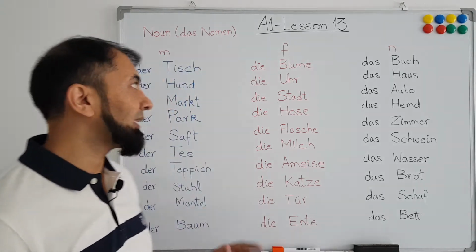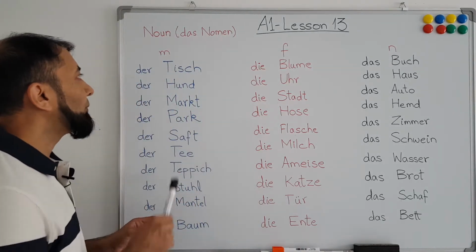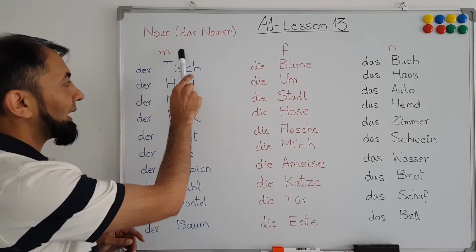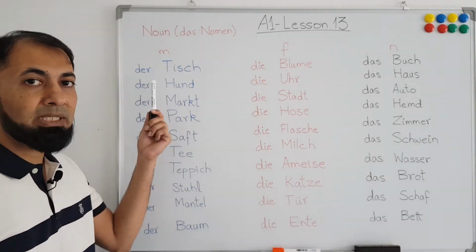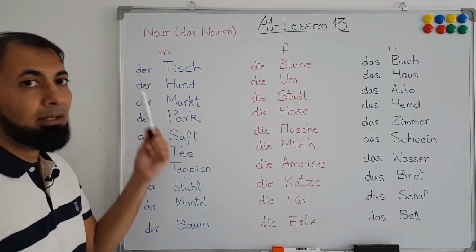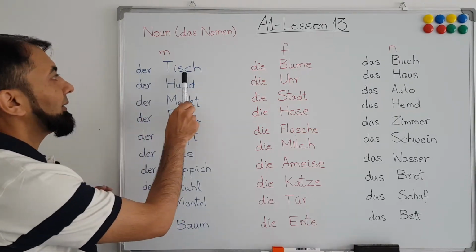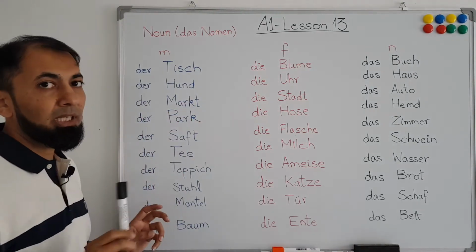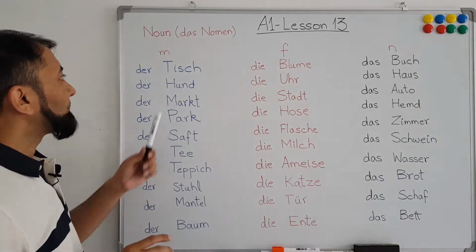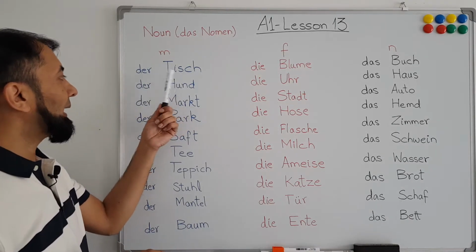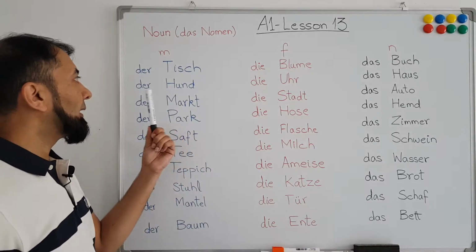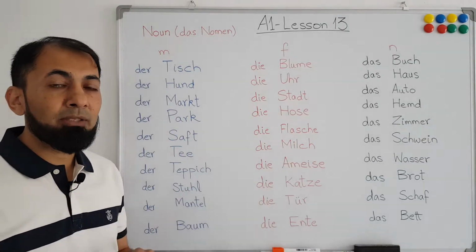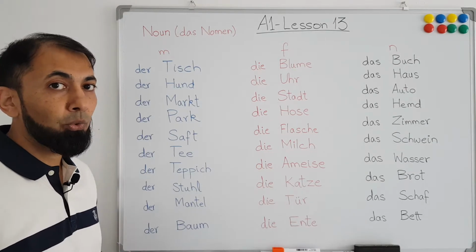So let's start with the first noun. First, I will go through the masculine nouns, and you know that masculine nouns always have the article der. Der Tisch. Tisch in German language is called table. So der Tisch, the table. Der Hund. Hund means dog. Some German family names are also Hund.